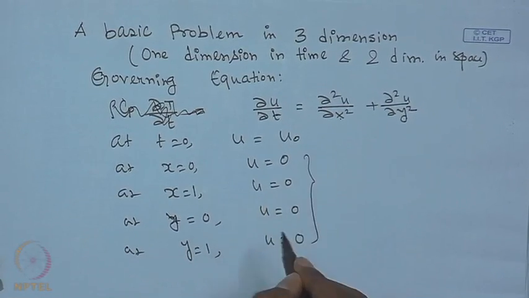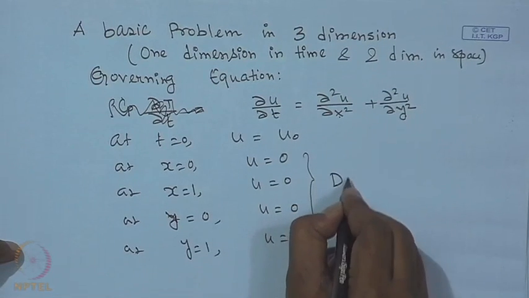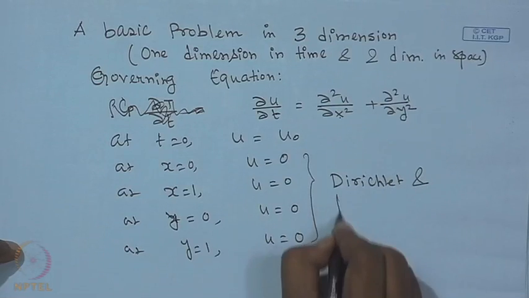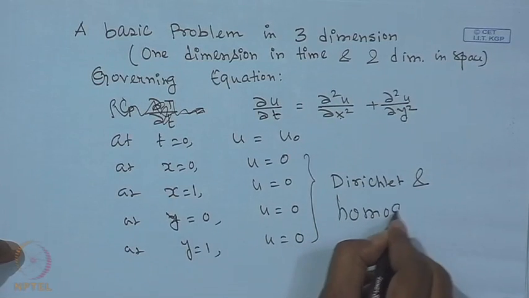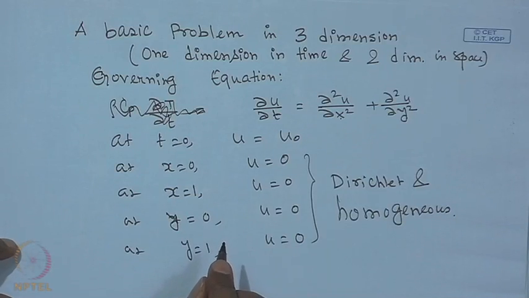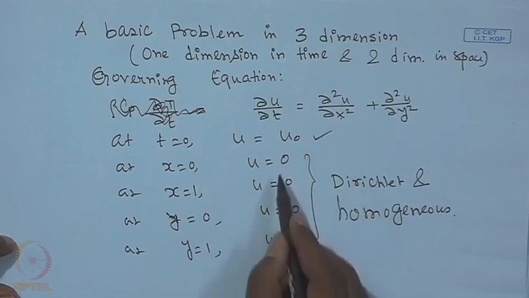That means, all the 4 boundary conditions are homogeneous and they are Dirichlet boundary conditions. So, we talk about a basic problem where the initial condition is non-zero and the 4 boundary conditions are homogeneous.